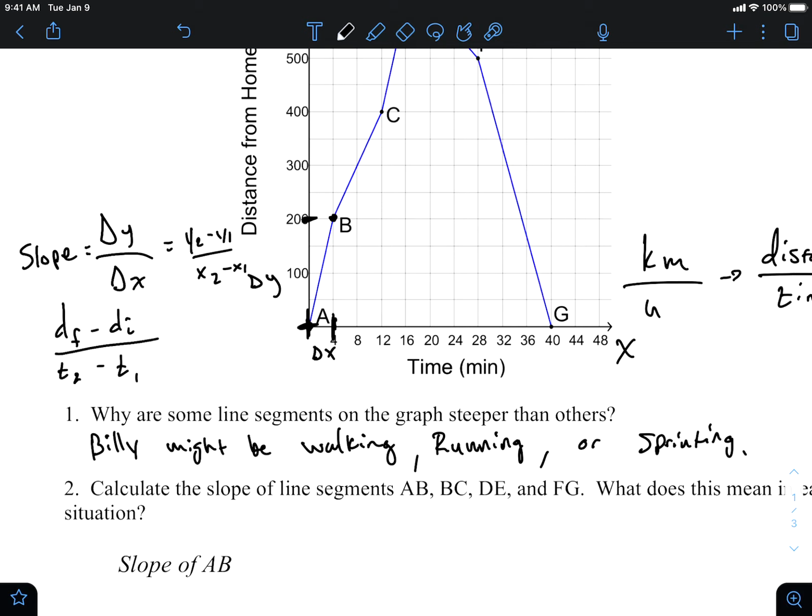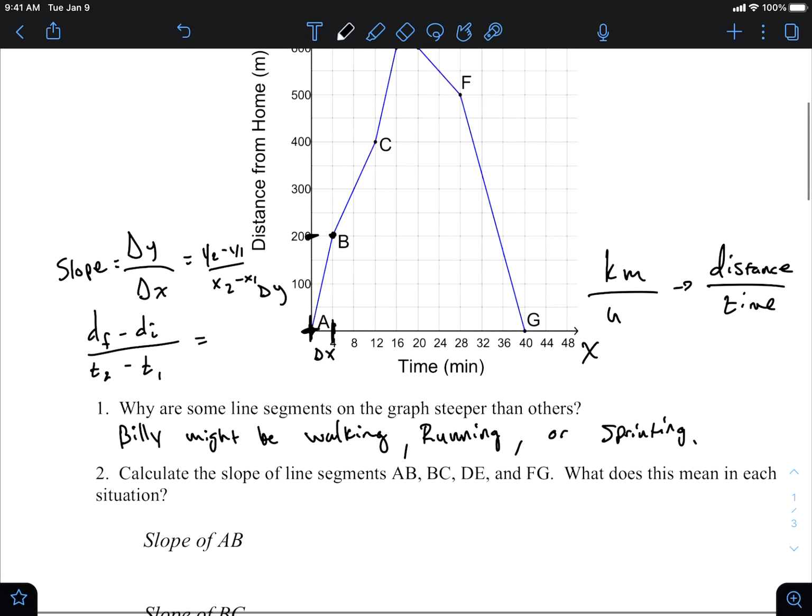And conveniently, when you do this, what are the units? I just told you what the units were over here, right? Distance and time. What does that equate to? What is kilometers per hour, or distance over time?